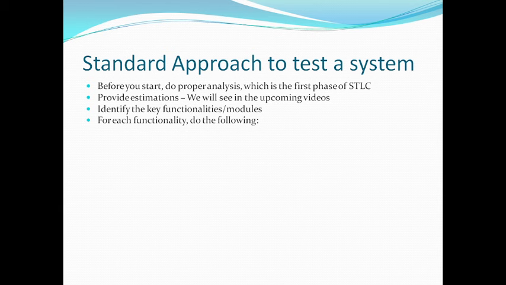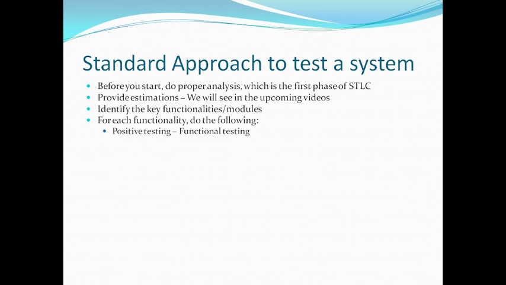Now, for each functionality, we have to follow the following things. Let's see them one by one. For registration, we have to do the following, and for login, we have to perform the following steps.